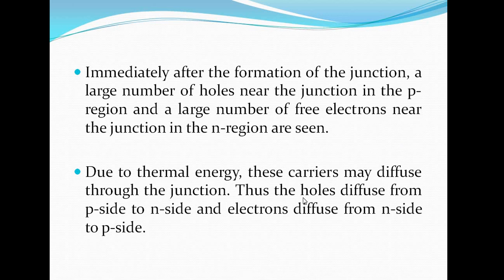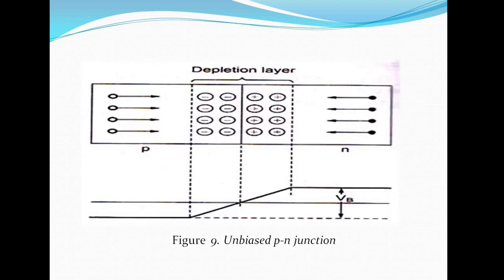Holes diffuse from the P side to the N side, and electrons diffuse from the N side to the P side. The immobile charges are fixed, and these all are neutral charges. This is called the depletion layer, in an unbiased p-n junction.